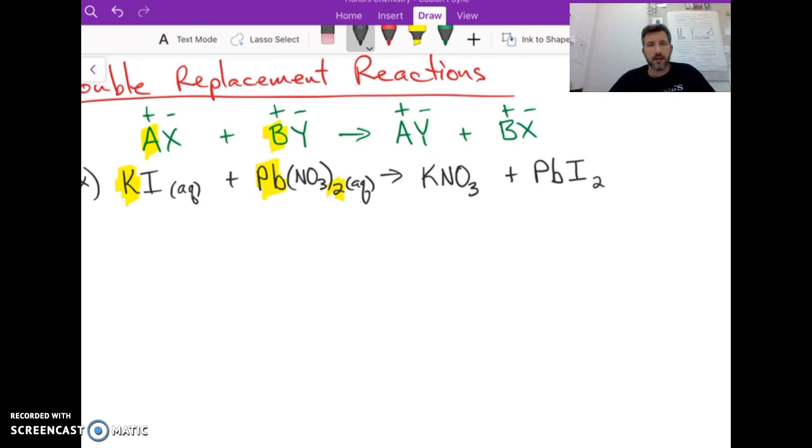Okay? Now there's a really important point that we have to make here before we go any further, and that is that with our two products here, one of them has to be an insoluble solid.